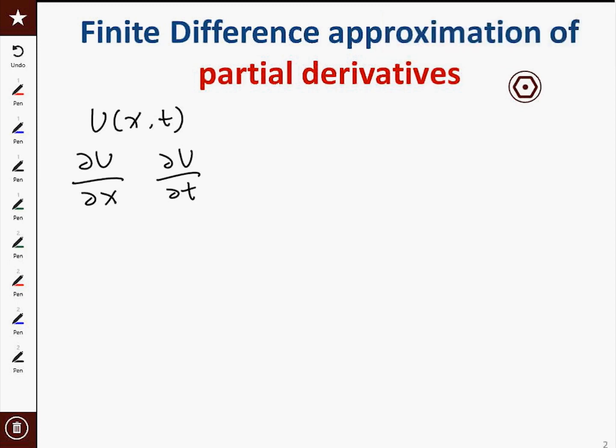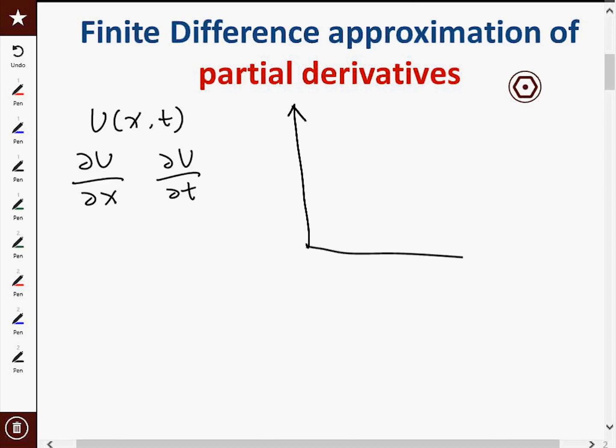So in the finite difference method, a good way to construct the grid, I think it's the first time we look at the grid, is to construct it such that it is aligned with one of the variables, so that if you look at a particular direction on the grid, one of the variables is naturally fixed. In the last lecture, if you remember, we used these two axes, x and t, to visualize the solution.